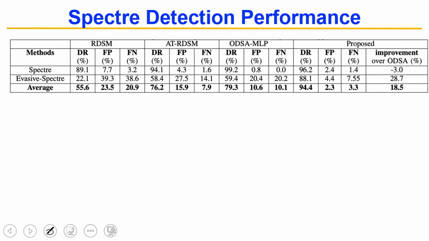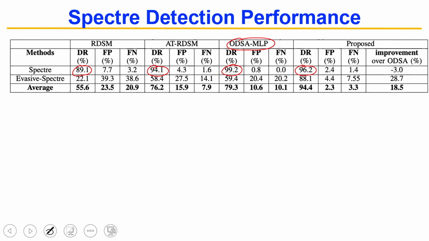Similarly for Spectre, same story, and we have seen a similar thing for malware. The detection rate for RDSM is again the one, and for Spectre there is also another algorithm, OSDA MLP. As you can see, RDSM is 89%, which is not that great, or even with the benefit of doubt, 99%, that is as best as it can get, and in fact our detection accuracy is less than that.